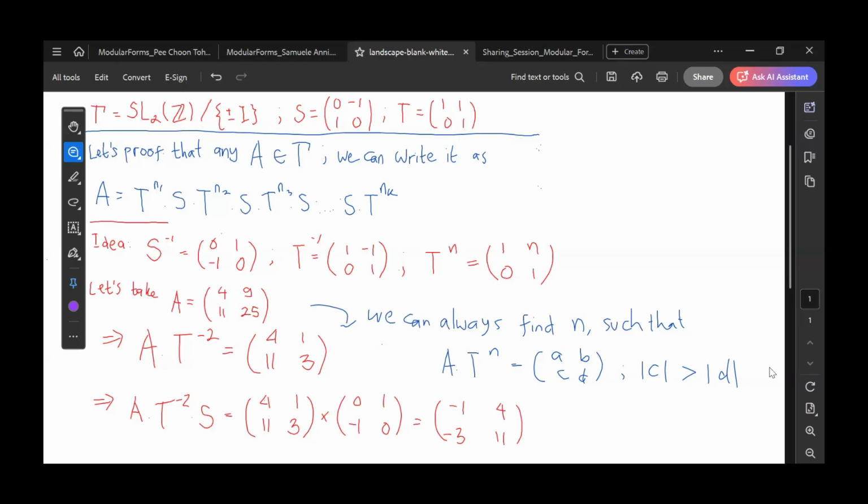Oh, wait. Oh, no. I'm sorry. This is S inverse. No, S is this. Sorry, I used the wrong one. So this is 1, -4, 3.